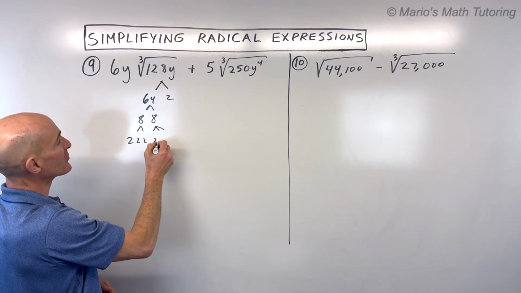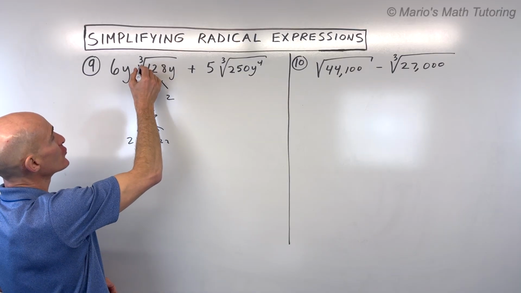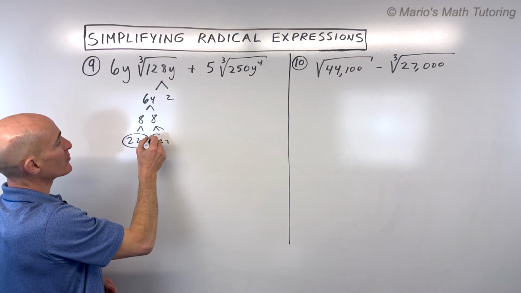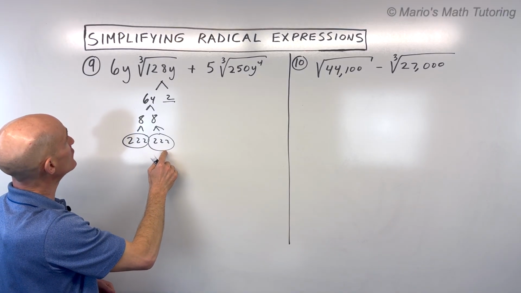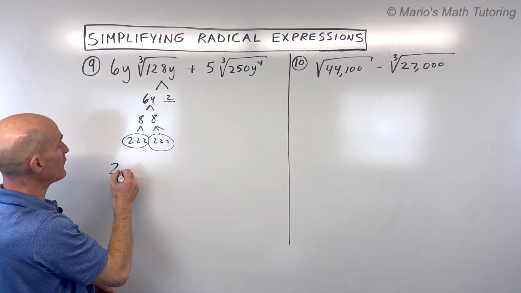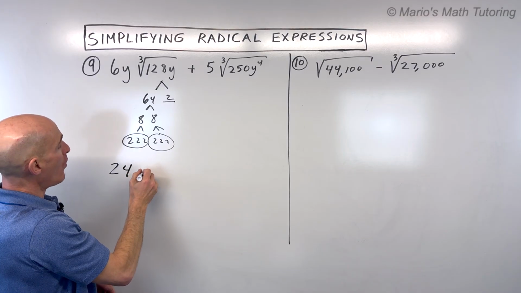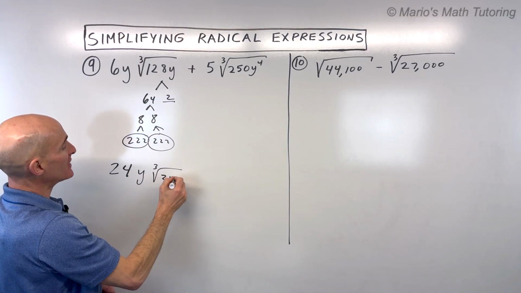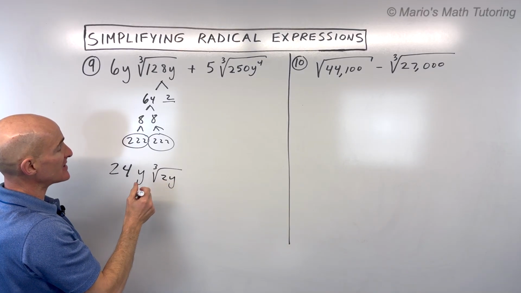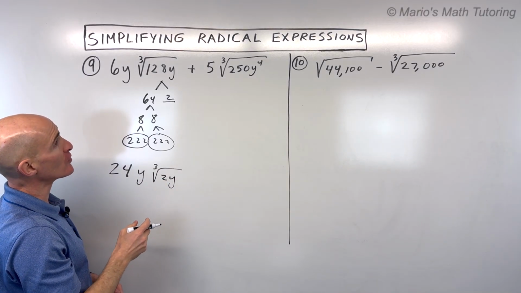This is also like 3 2s. And I'm looking for groups of 3, so I have a group of 3, a group of 3, and a 2 left over. So this is going to be 2 times 2 is 4, times 6 is 24, y with a 2 and a y left over. So I didn't have enough to make another group of 3. That stays underneath. That's kind of like the leftover, the remainder.